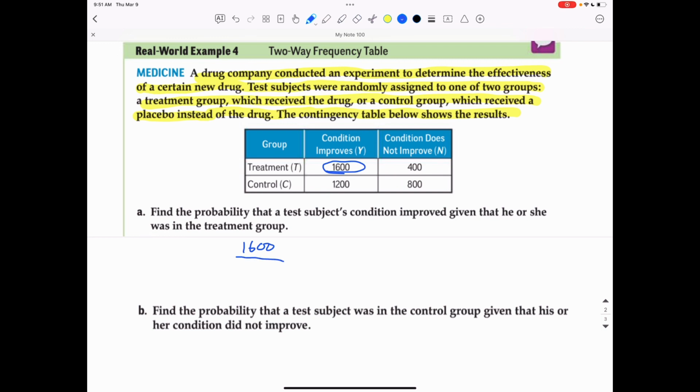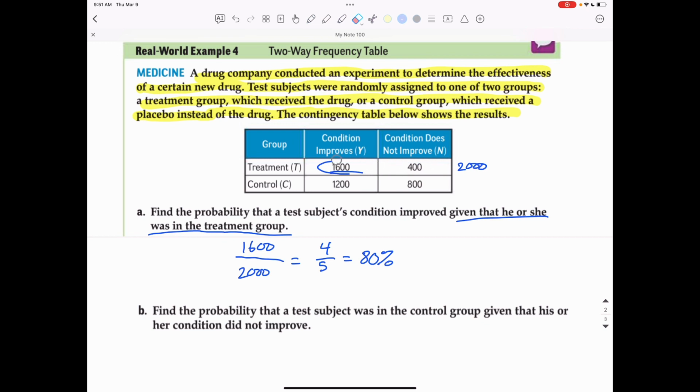We're going to put that over the total number that were in the treatment group. So we're looking for the total that was in the treatment group. The total that's in the treatment group is going to be this row right here, and there are 2,000 in the treatment group. So it'd be 1,600 over 2,000, and that would simplify to 4/5, or about 80%.